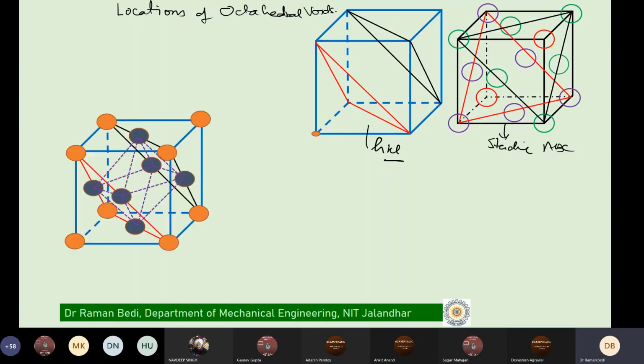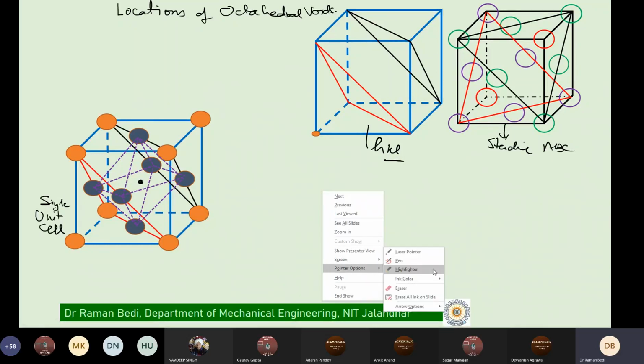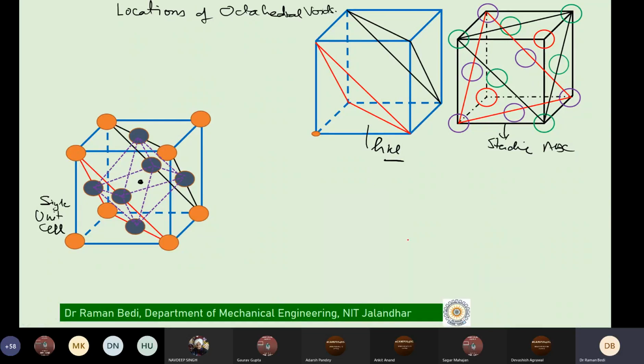And if I remember my previous slide, we were able to find that this is where the octahedral void is located in a single unit cell, at the center of the unit cell. If I just look at one of the unit cells, we find that this is where a void is located, and it is the repetition of what I just showed you in the previous slide.